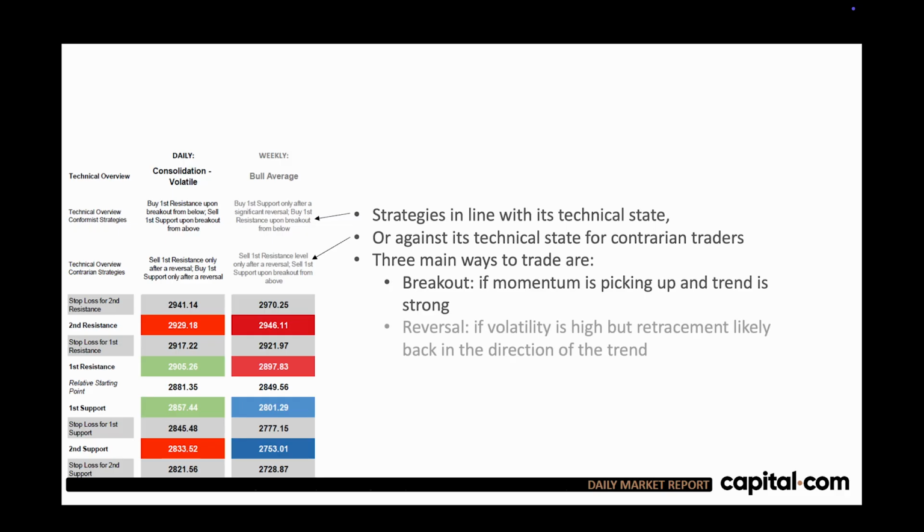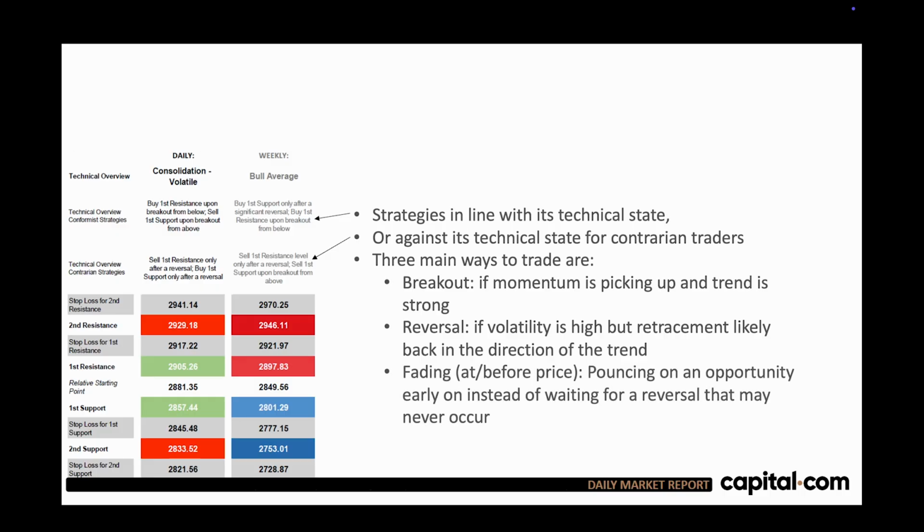A reversal strategy, if volatility is high but a retracement is likely back in the direction of the trend, so you wait for the level to break, and then as it's coming back down, you initiate. You don't initiate right away because you're worried about getting stopped out. Whereas fading, where you make a move before its price, you're pouncing on an opportunity early on instead of waiting for a reversal that may never occur. So three main ways to trade a level.